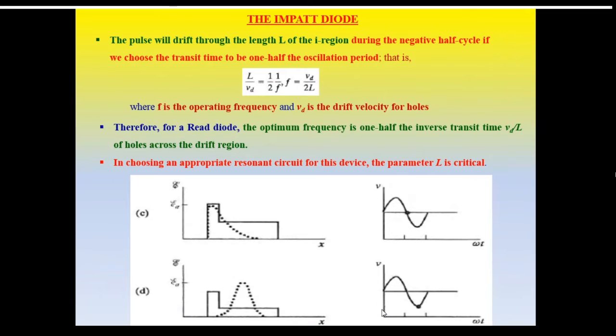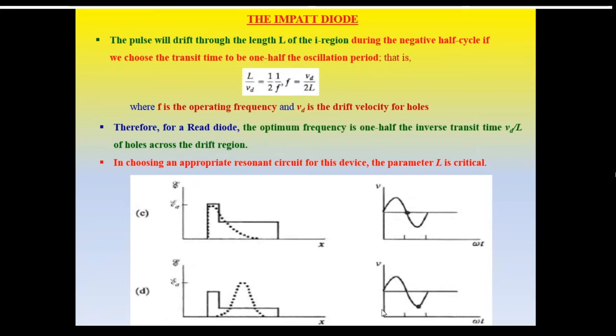If we choose the transit time, that is the time taken by the carriers in the I region, to be one half of the oscillation period, then F equals Vd by 2L, where F is the operating frequency and Vd is the drift velocity for holes.